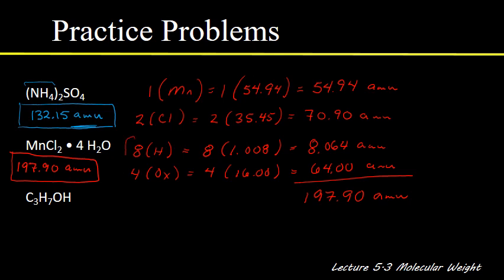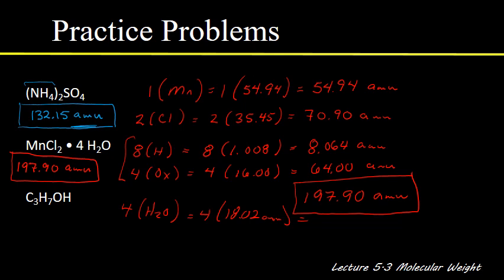And again, for this part down here, if you want to do this as 4 times H2O, you could have. That should give you exactly the same result. And when I added everything up, I got 197.9 atomic mass units. So that's our molecular weight for manganese chloride tetrahydrate. All right, take a look at that. Make sure you got the same thing.